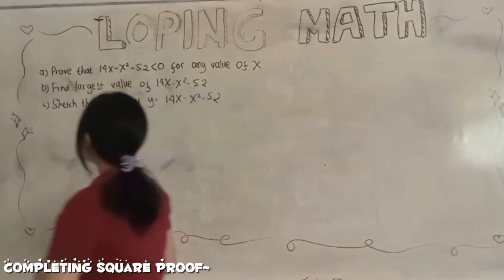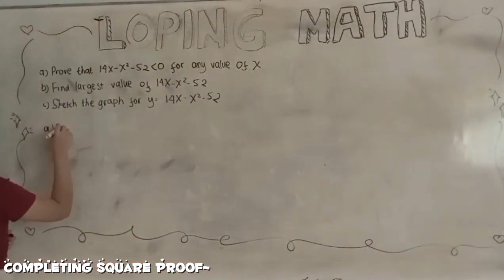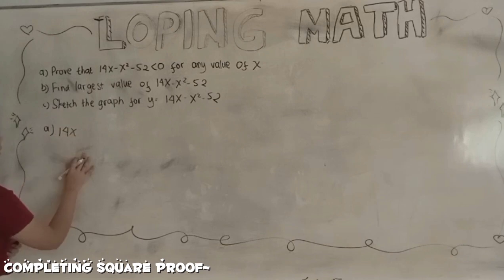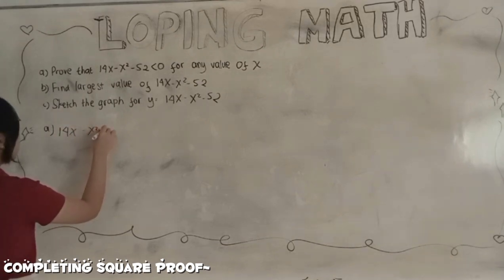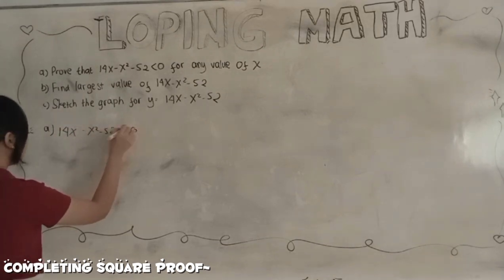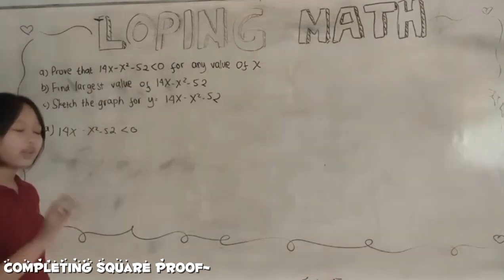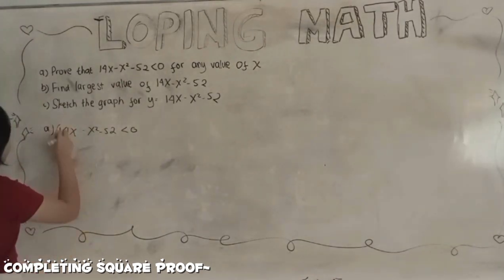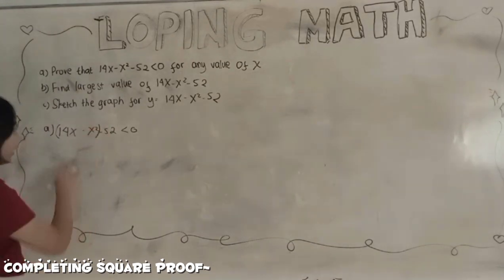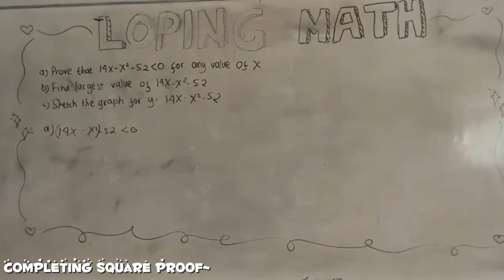So actually, first we have to rewrite the equation. 14x minus x squared minus 52 less than 0. And then we have to isolate the quadratic and linear terms by simply putting brackets around them, like this. And then we have to factorize the minus, so we have to make the minus outside.